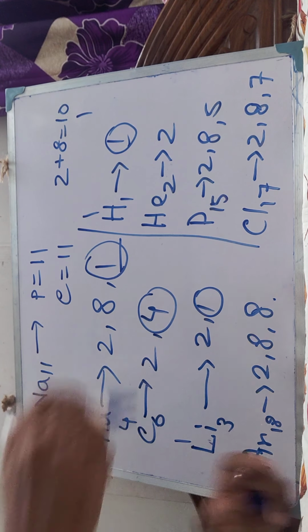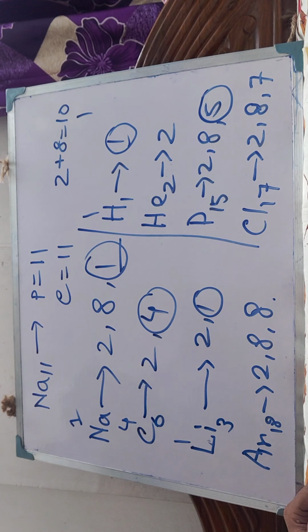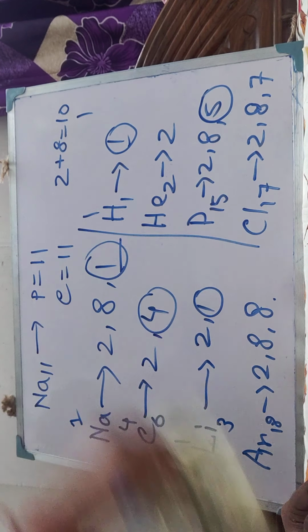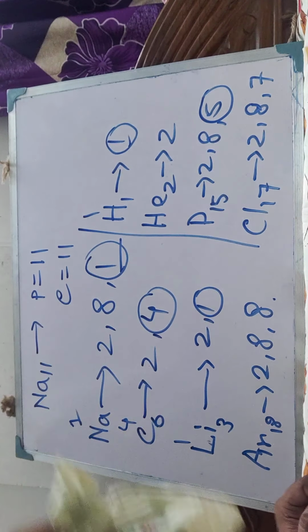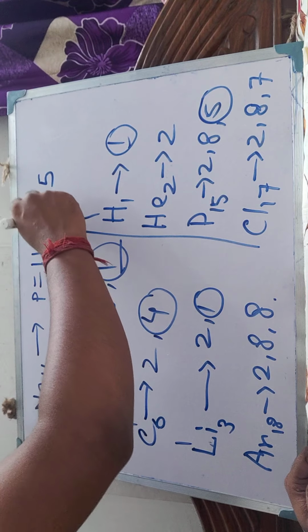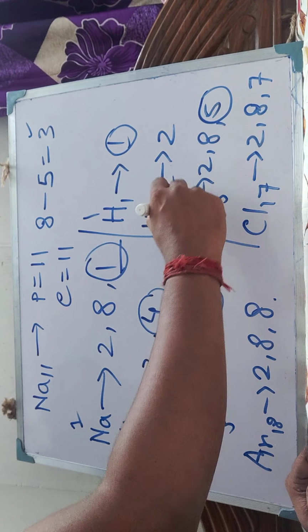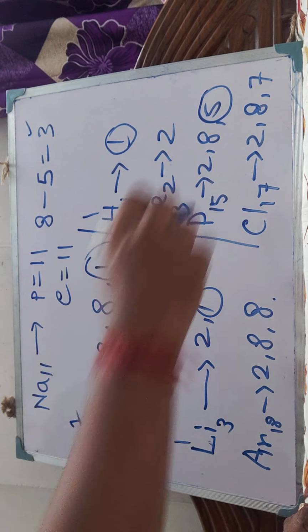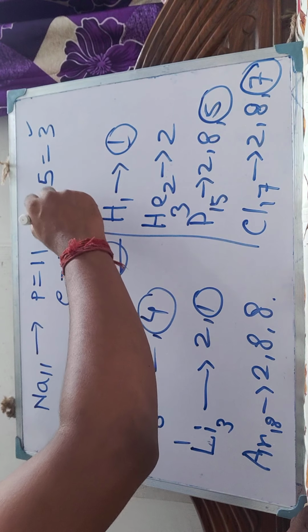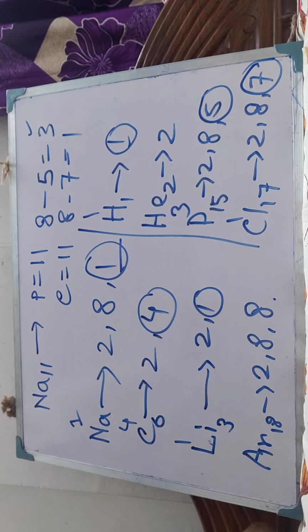If phosphorus has 5 electrons at its outermost shell, then to calculate the valency of phosphorus, we need to subtract this 5 from 8. It will become 3. So what is the valency of phosphorus? It is 3. In case of chlorine, we are going to subtract 7 from 8 always. From 8, it is 1. So valency of chlorine is also 1.